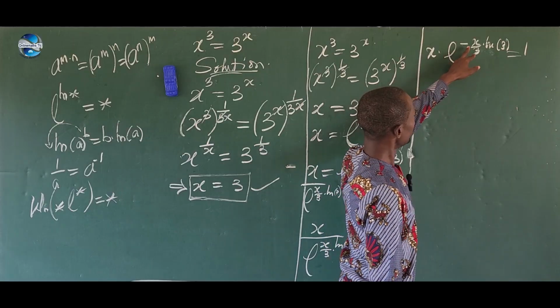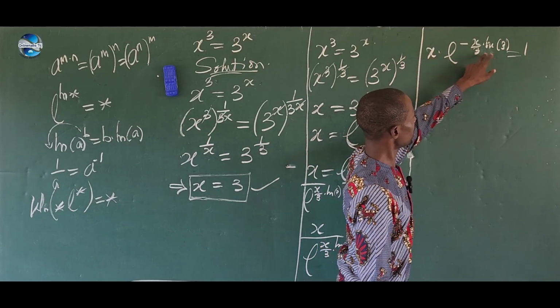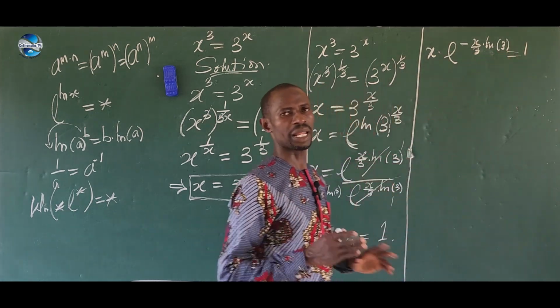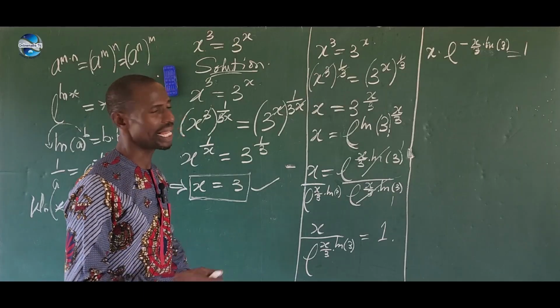We have x here, we have x here. So the difference between this and this is just minus 1 all over 3 ln of 3. So we want to multiply both sides of the equation by minus 1 all over 3 ln of 3.